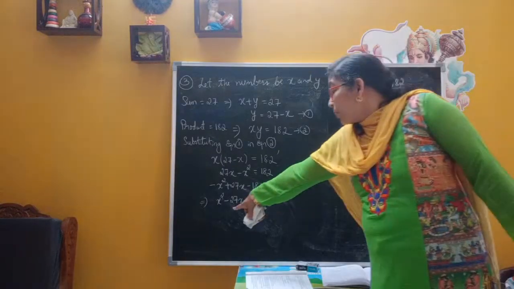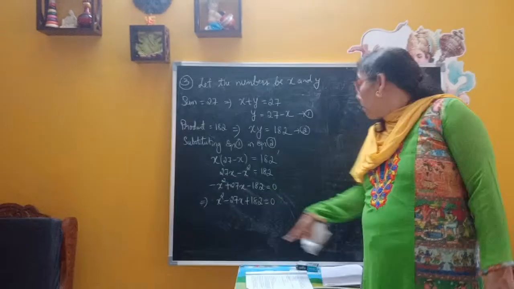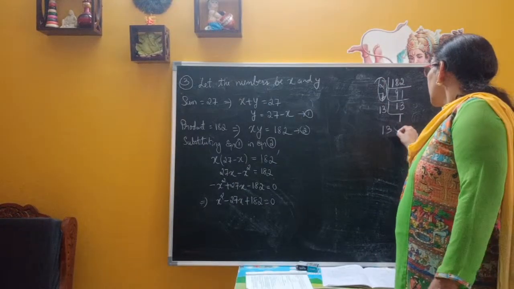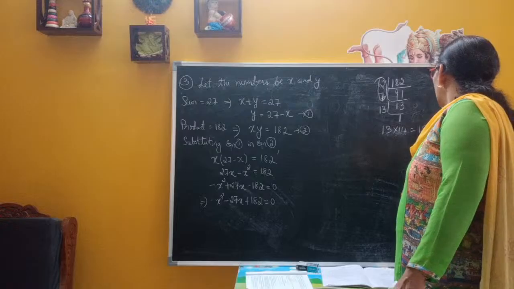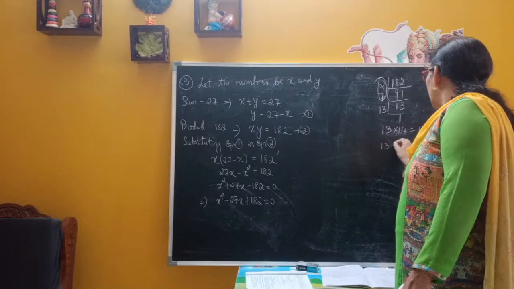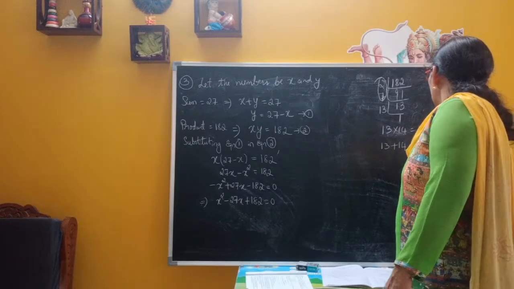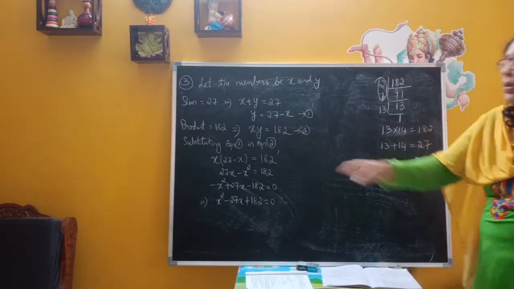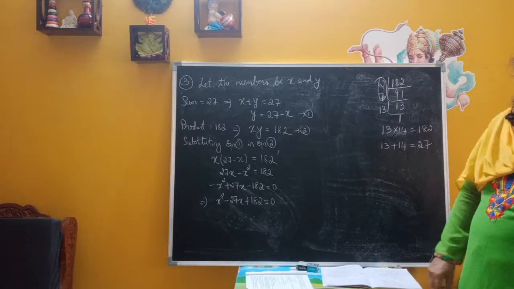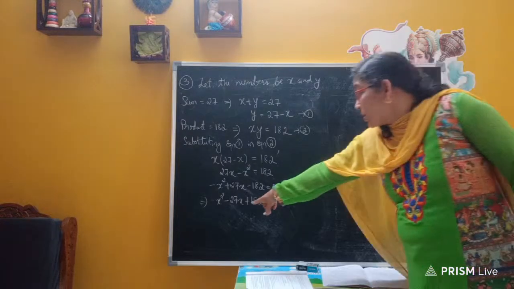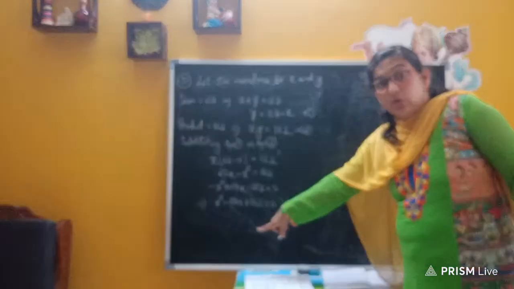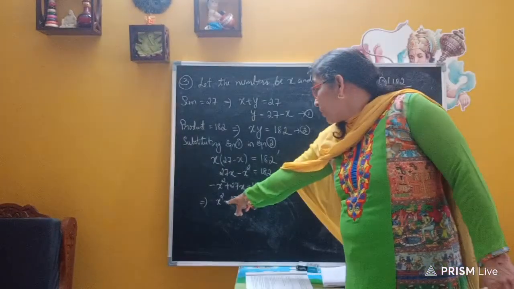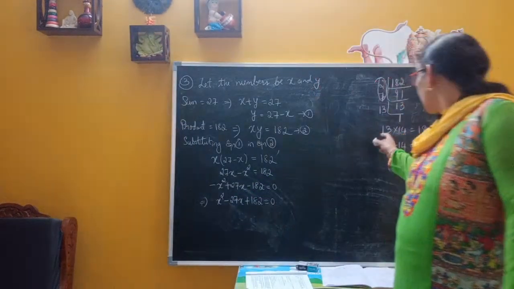Now here we need to get minus 27. We will add them, isn't it? Add now 13 plus 14, how much? 13 into 14 is 182, and 13 plus 14 is 27. We should have a negative sign. When is that possible? To get plus in the product, either minus into minus or plus into plus. Here, if we need minus in the sum, then we have to take both negatives only.